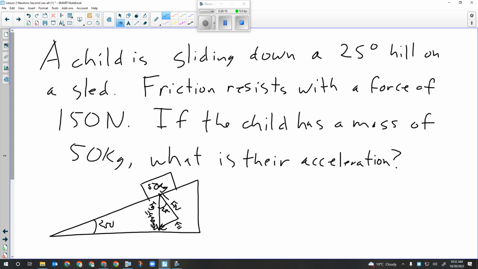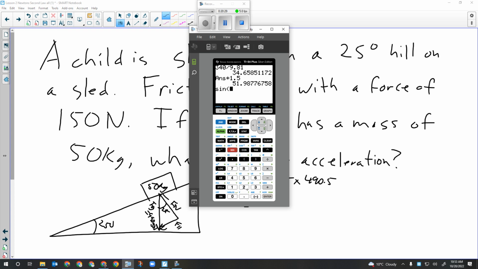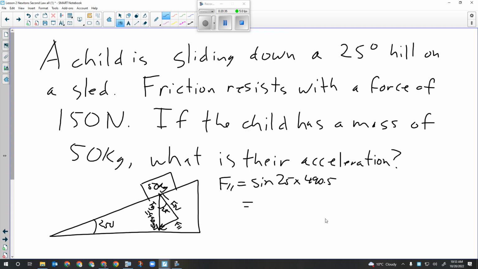Sine of 25 times the force of gravity, 490.5, is 207.29 newtons down the ramp.